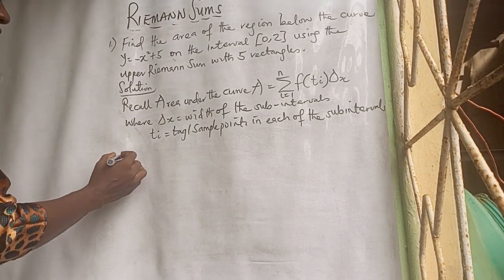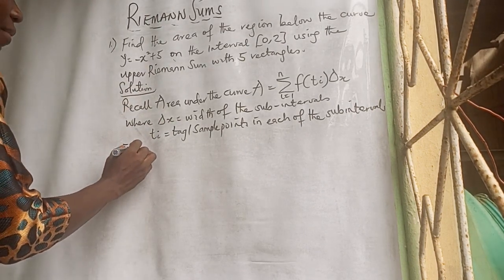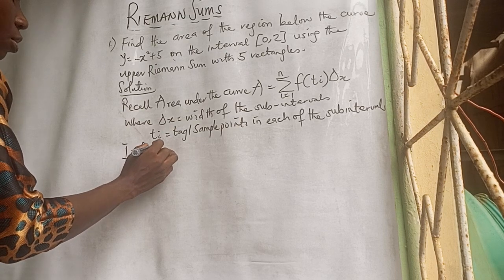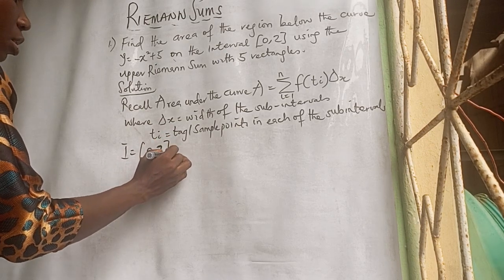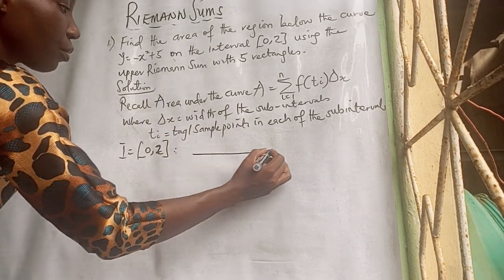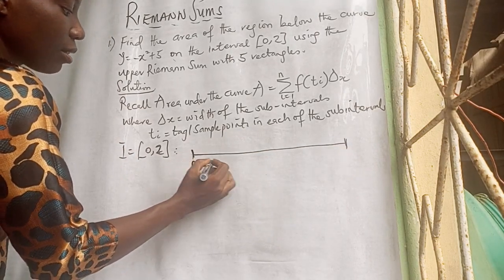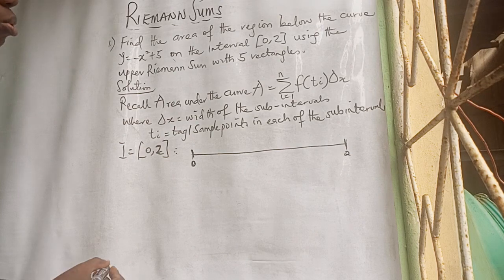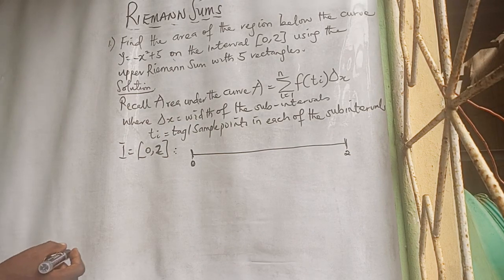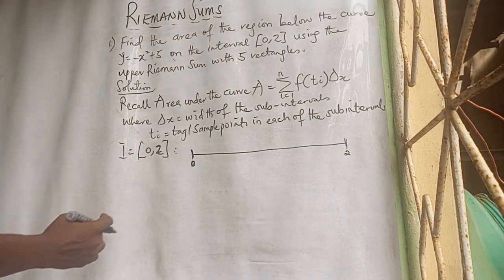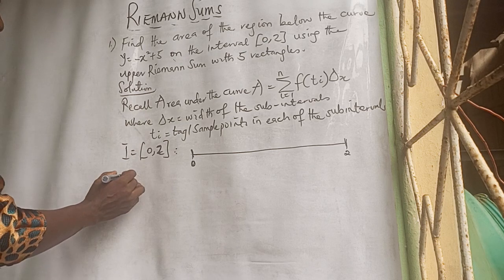For this question now, our interval is 0, 2. That's our interval 0 to 2. We need to determine what is the width of each of the subintervals.